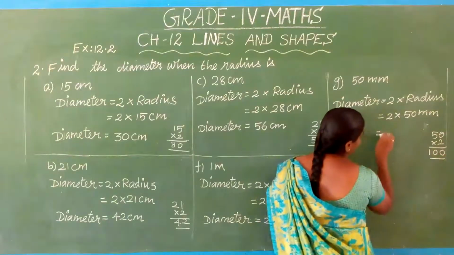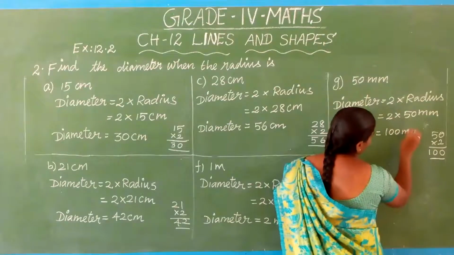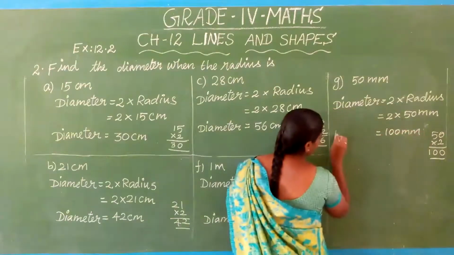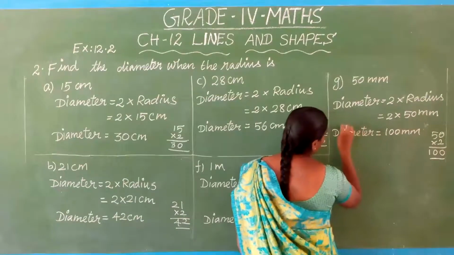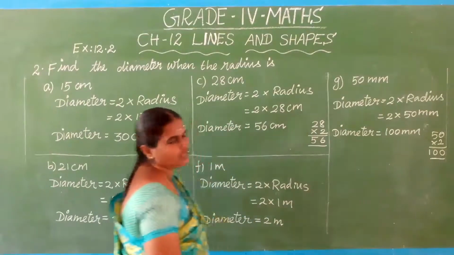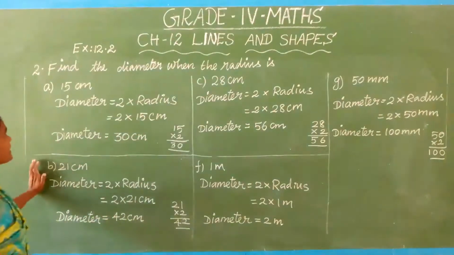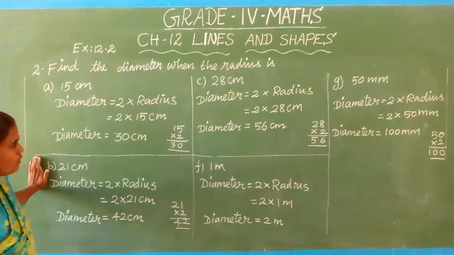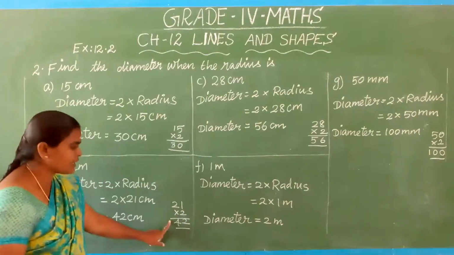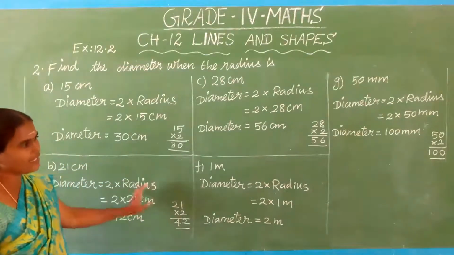So your answer is 100 millimeter. So diameter equal to 100 millimeter. Okay, this is exercise 12.2 second section. Copy in your classwork note. Write this multiplication also in the rough column side. Okay, write neatly.